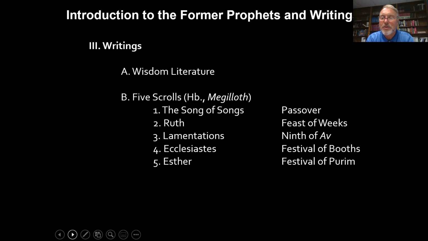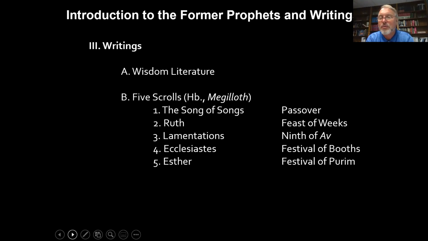And this little book again comes late, and it is historical in nature in many contexts, so it is added to the writings. Daniel again is a proto-apocalyptic prophecy, and it comes rather late to the scene as well, and so it is cast into the writing section of the Hebrew canon.